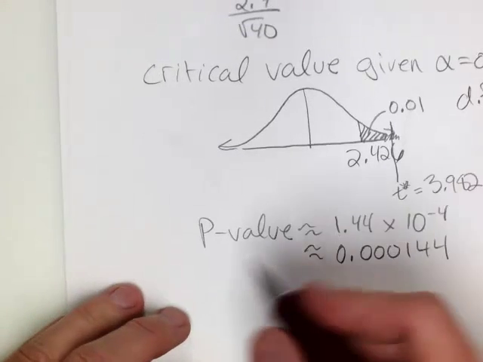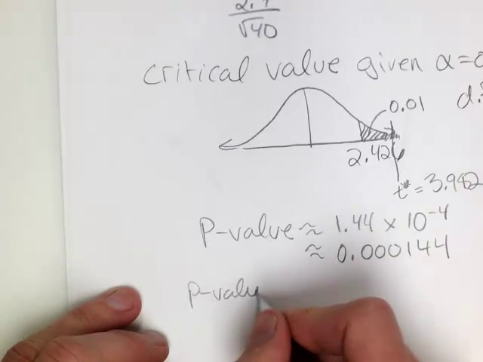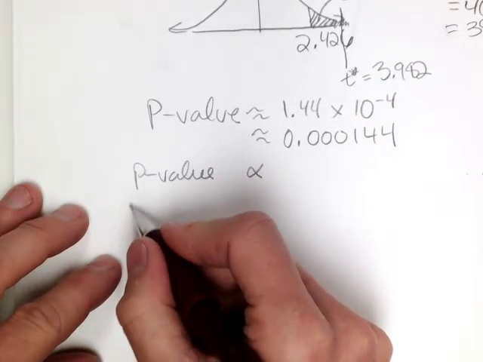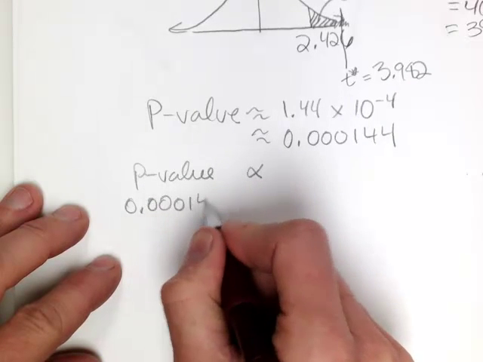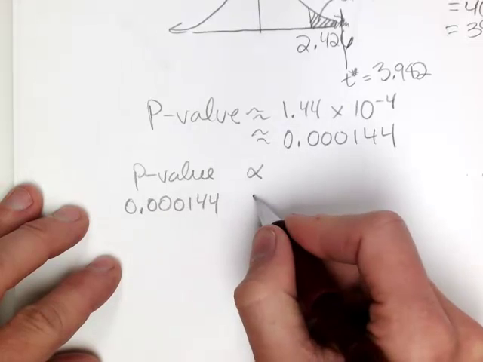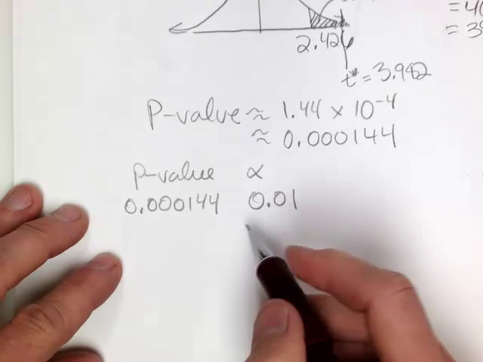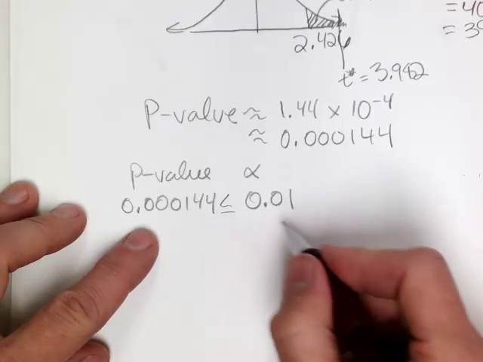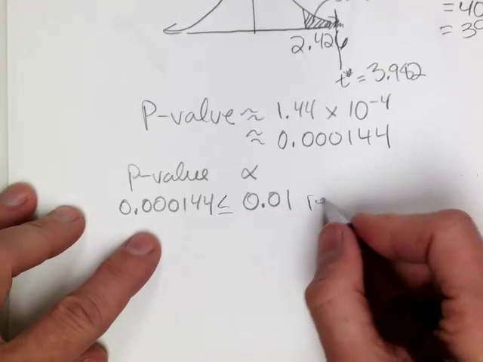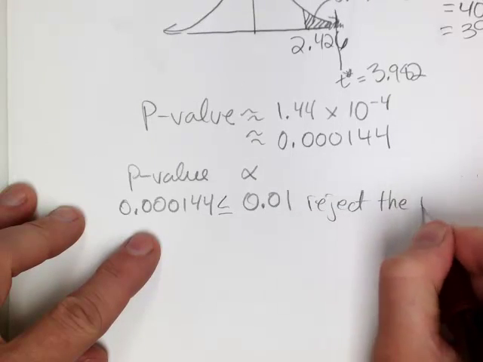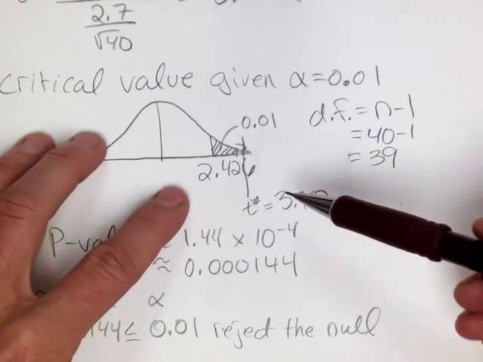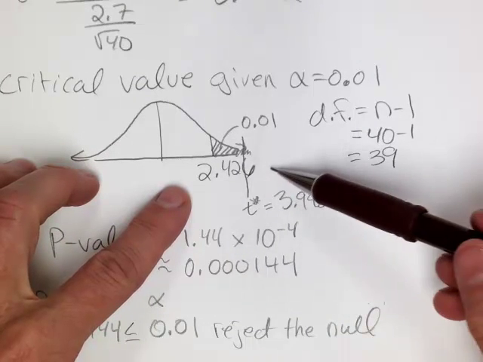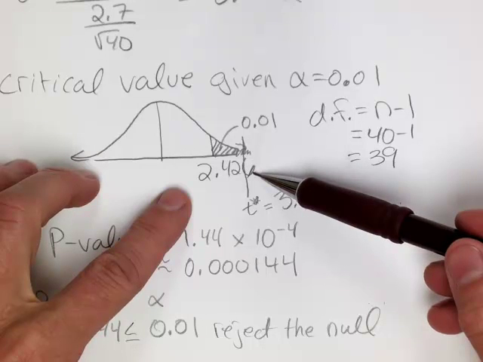Okay, so let's go ahead and compare the p-value to alpha. Okay, our p-value is super small, 0.000144. Our level of significance is 0.01. Okay, so clearly our p-value is less than or equal to our level of significance, so we're going to reject the null, which is what we saw when we looked at where our test statistic lied in relation to the critical value.